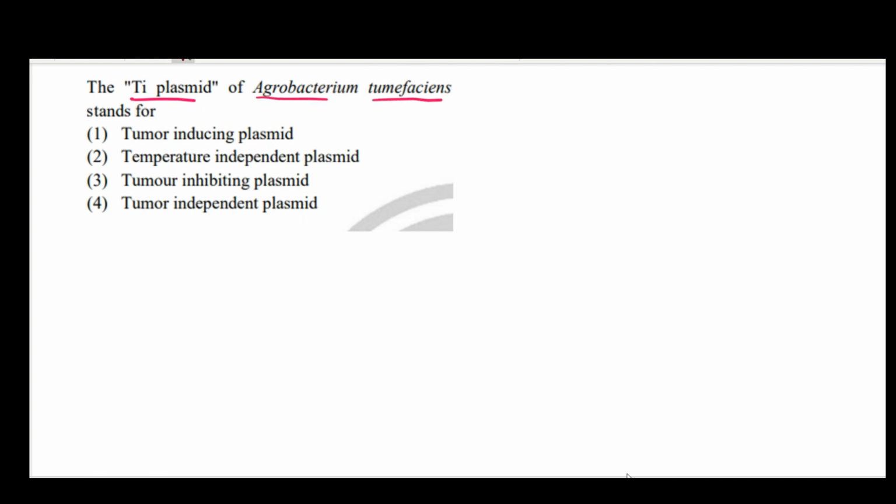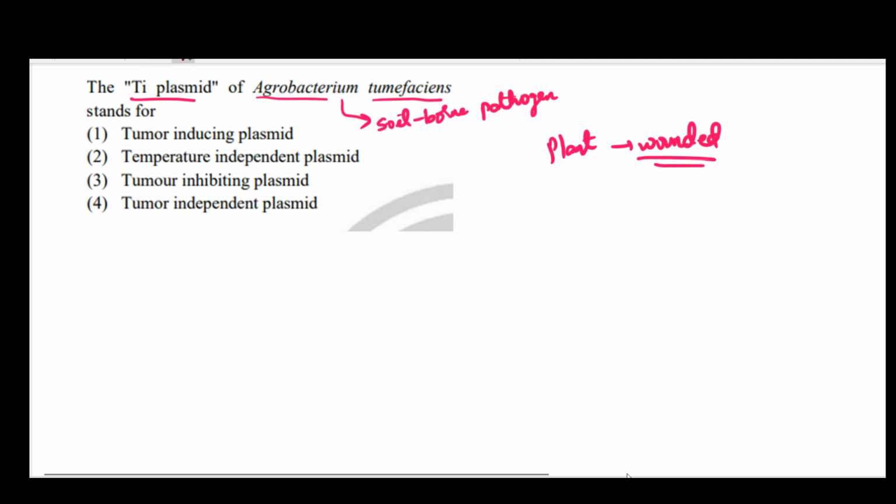So basically Agrobacterium tumefaciens is a soil-borne pathogen, and when a plant gets wounded, the wound sites are where this bacterium starts infecting. Once this bacterium enters the plant, the bacterium has a plasmid known as Ti plasmid, where Ti stands for tumor inducing.